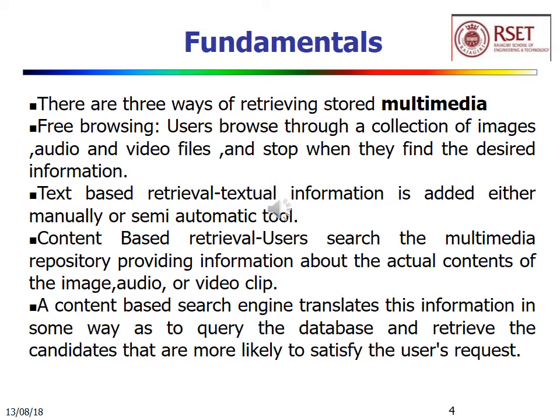And the third one is content-based image retrieval. Content-based image retrieval means searching the multimedia repository by providing information about the actual content. Instead of text description or random selection, we are dealing with the content of the image. Content can be a color, a texture, or a shape.